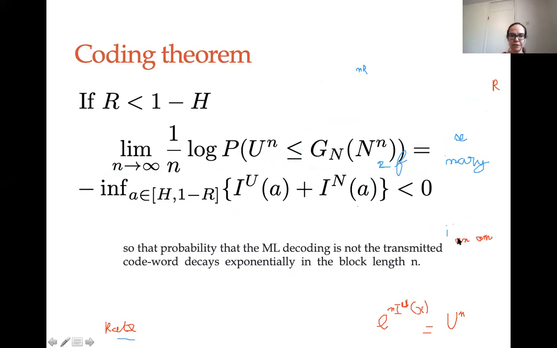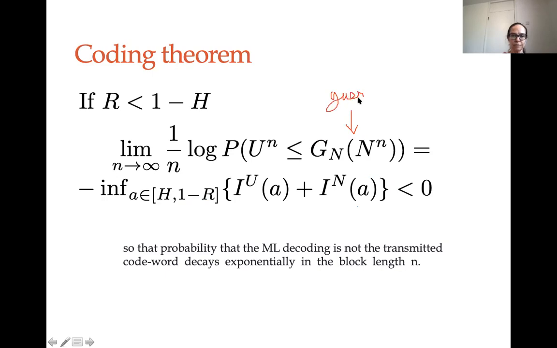I have this rate function for this code word difference noise, which is this I_U of A. And when do I make an error? I make an error if I guess the true noise. So this is guessing the true noise.